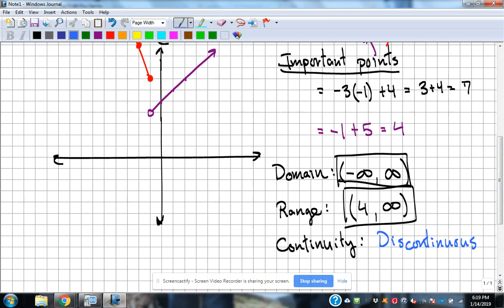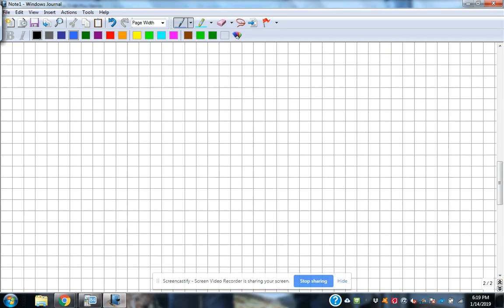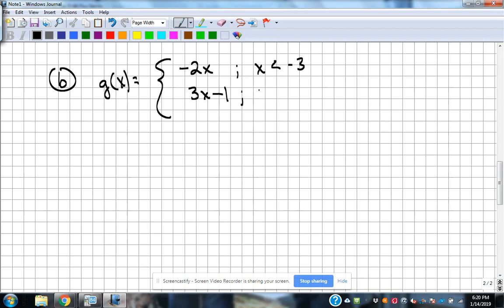Let's look at another graph. So we have g of x equal to this particular function: negative 2x for x less than negative 3; 3x minus 1 for negative 3 less than or equal to x less than or equal to 2.